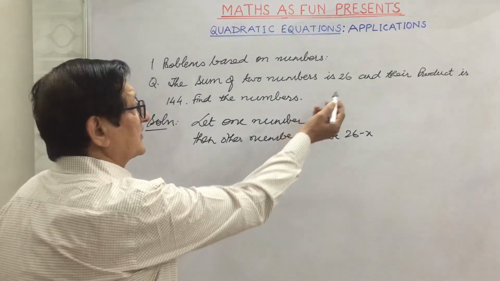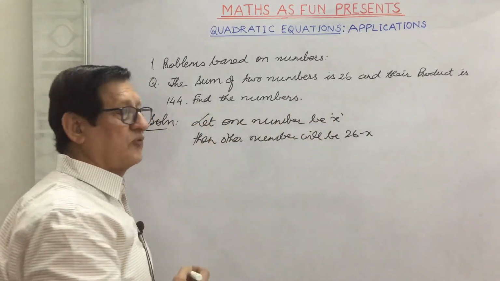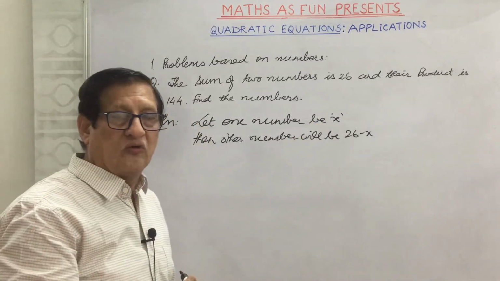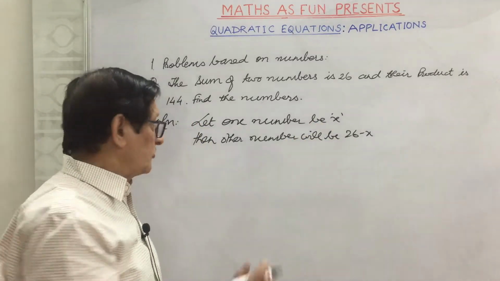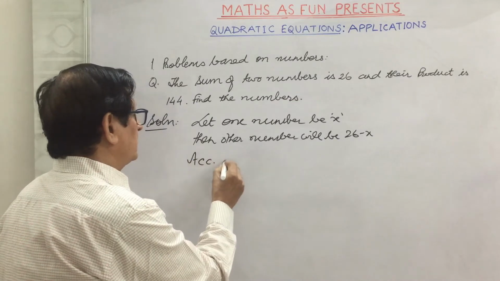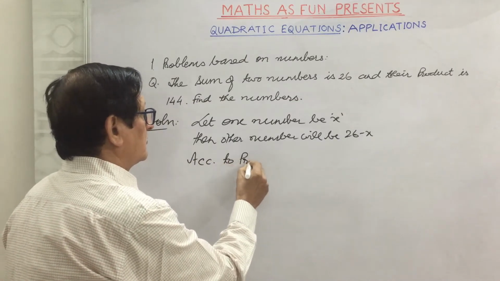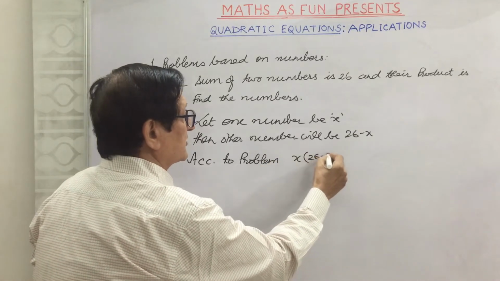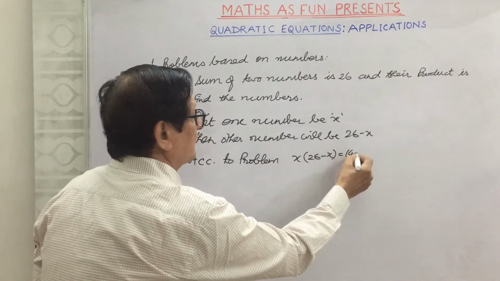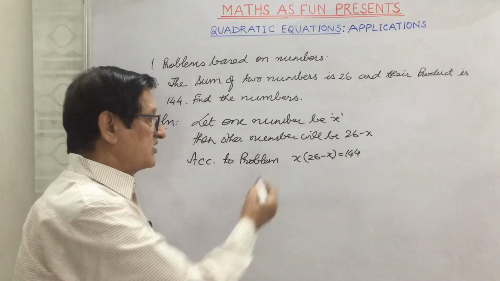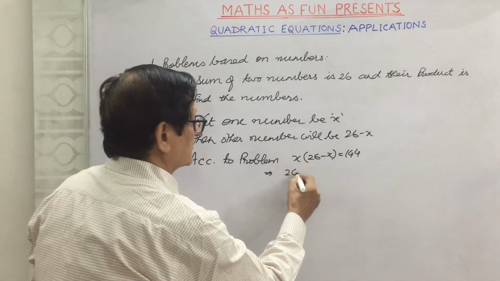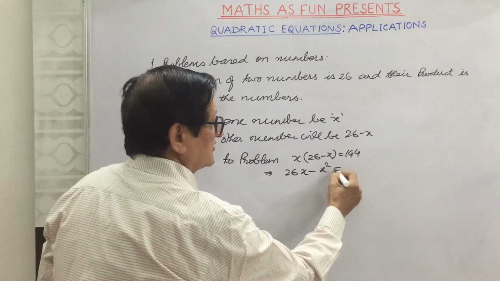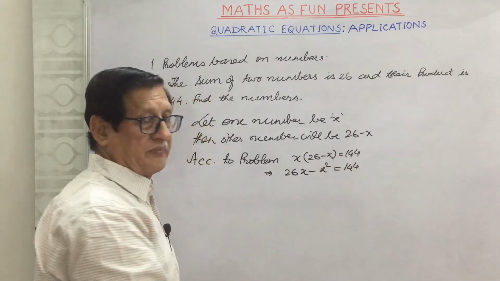Now we have been given that their product is 144. So we find the product of these numbers and equate it to 144. So we write, according to the problem, x into 26 minus x is equal to 144. We simplify this and write it as 26x minus x square is equal to 144.